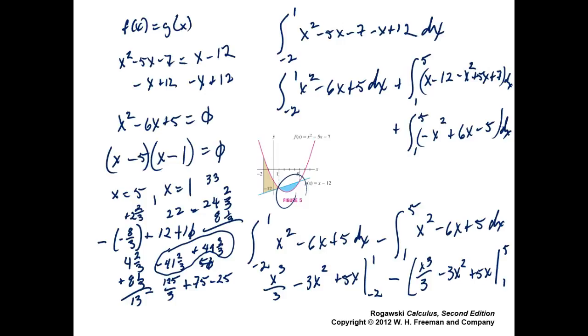I hate it takes this much time to do something that's just a really dumb problem. That was a minus. That was a plus 75. And that was a minus 25. So it's a plus 50 and a minus 41 2/3. It's 8 1/3. I can't see that error now.